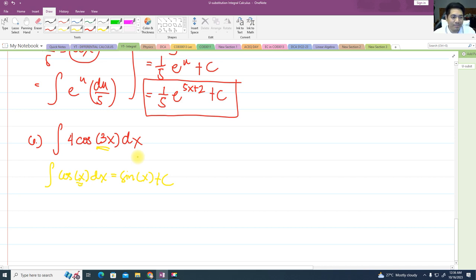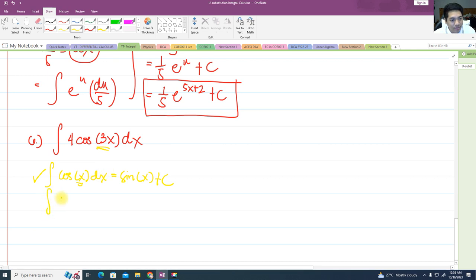So you cannot just simply say the integral of cosine of 3x dx is sine of 3x plus c. That's not how it works. The given formula, if you look for the integration of trigonometric functions, is this: the integral of cosine of x dx equals sine of x plus c.